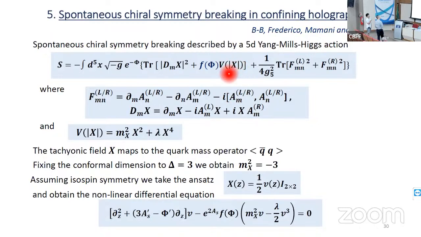It is a complex field that you can perturb. You have some part associated with the modulus and some part associated with the phase. The part associated with the modulus is a scalar, and the phase is the pseudoscalar. And you can also describe from these fields the axial mesons. And it's also possible to extend to higher spin mesons as well.